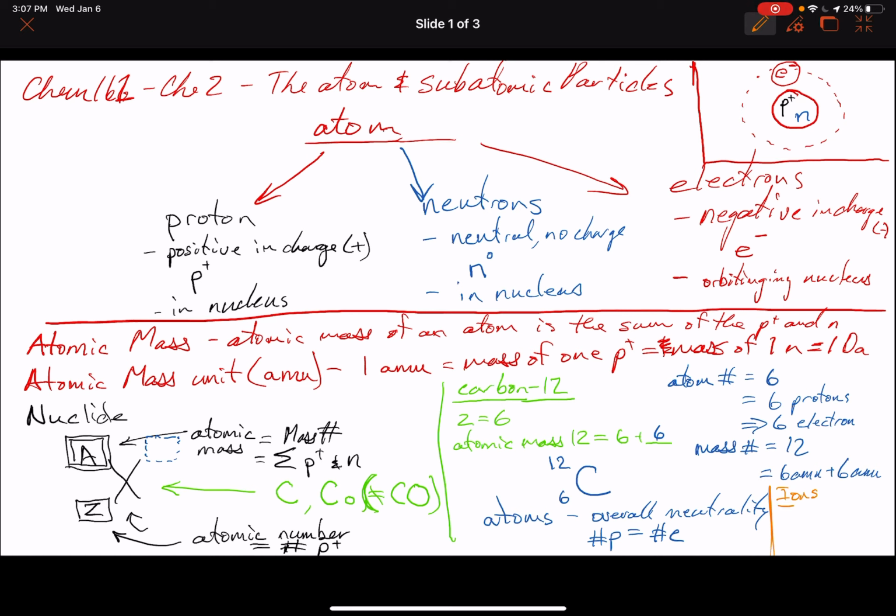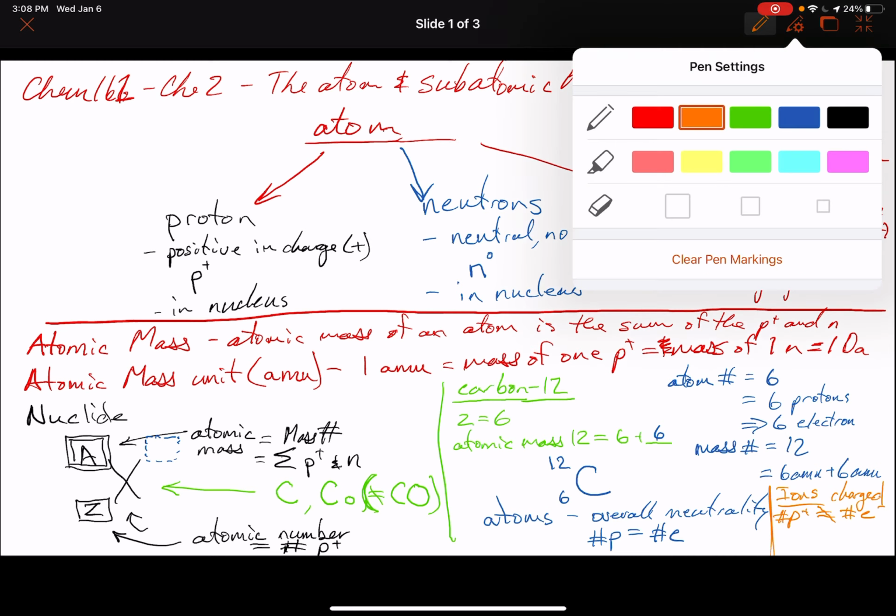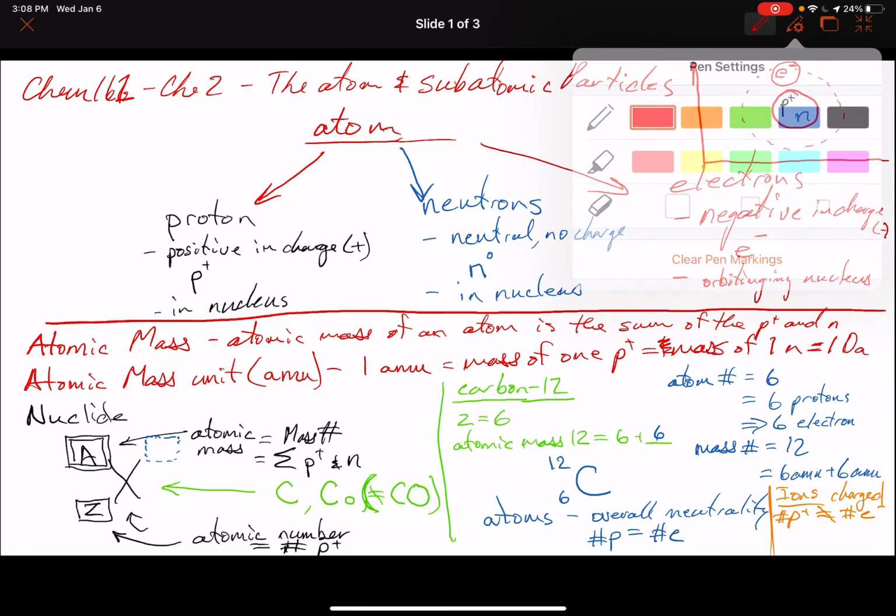So the ions are going to be charged atoms, and this is going to come from the fact that the number of protons will not equal the number of electrons in that case. And we saw the term isotopes as well.